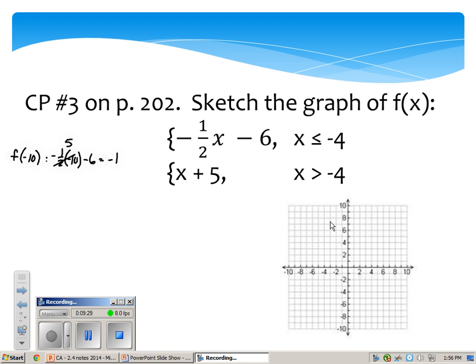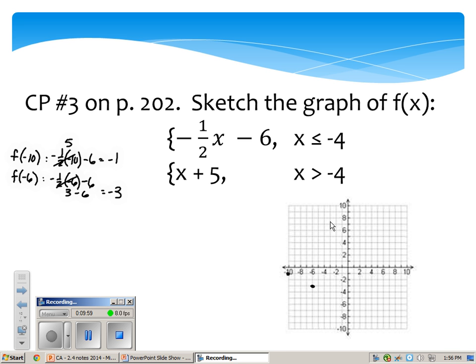So one point that we could graph is -10, -1. Let's choose another one in that range. Let's go with f of -6. So we're going to have -1/2 times -6 minus 6, or +3 minus 6, which is -3. So -6, -3.